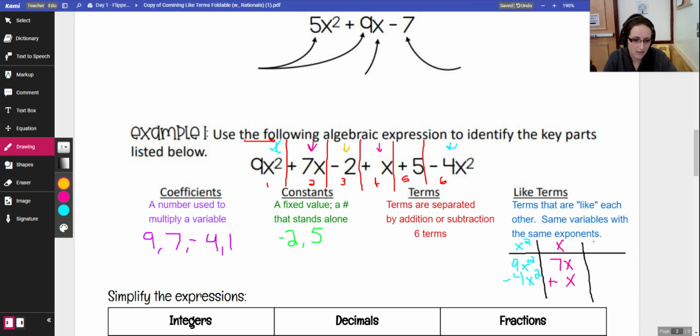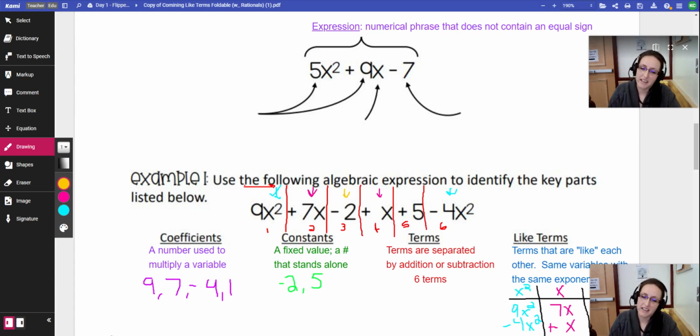This is a constant. So I'm going to put C for constant. C for constant. You get what I'm saying. So here I'll write my constants. So -2, and the only other constant is a +5. So here I have listed out my constants, my x terms, and my x squareds terms.